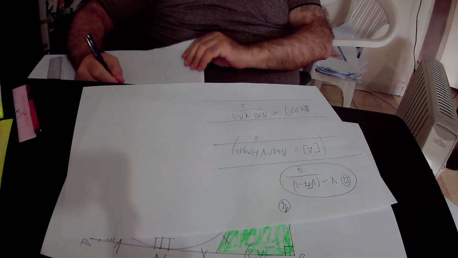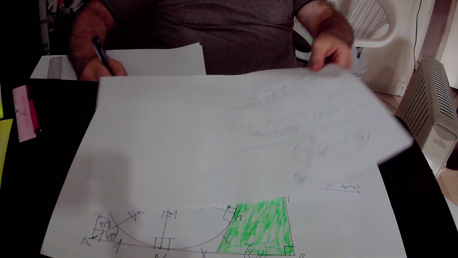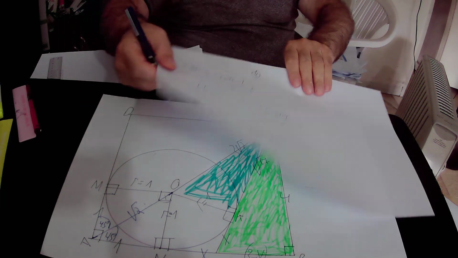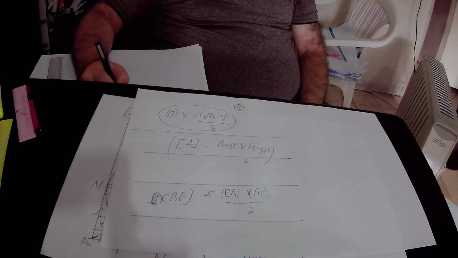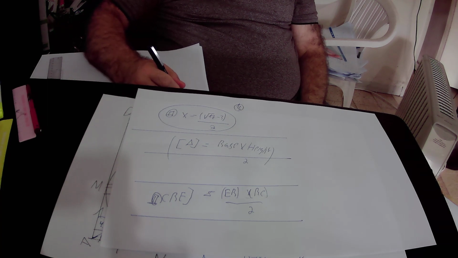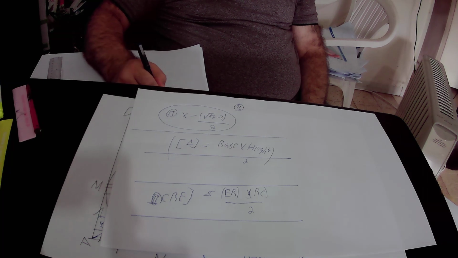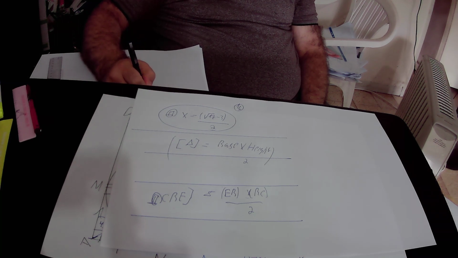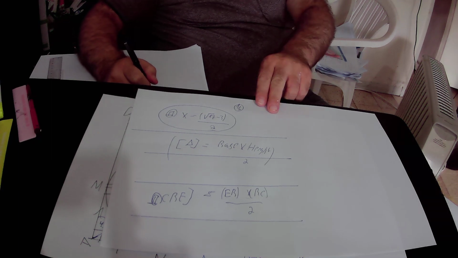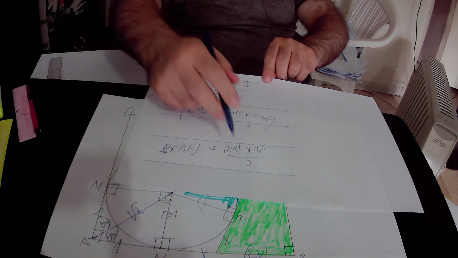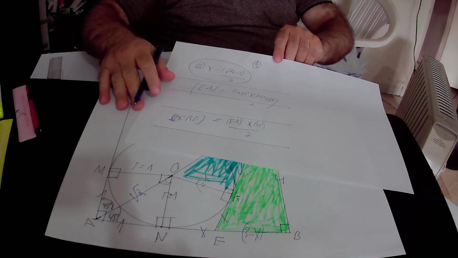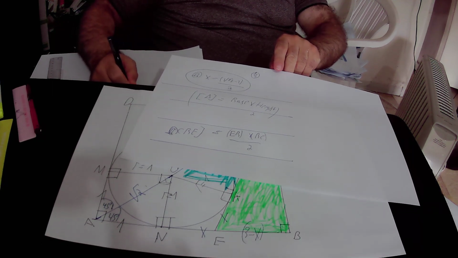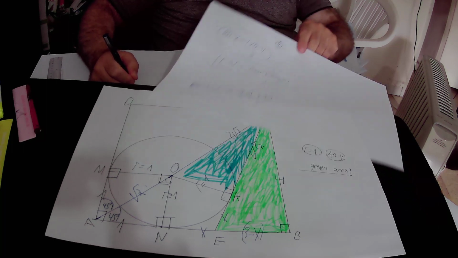So the area of the green right triangle CBE will be equal to EB. EB is 3 minus x, times BC.